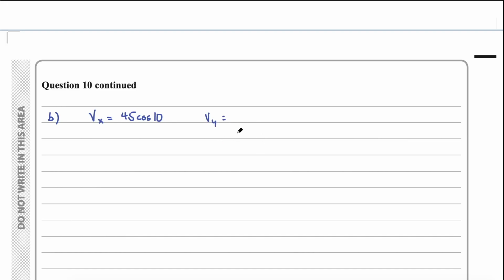And we can use the formula u plus at. So this was the initial vertical velocity plus the acceleration times the time. And that should give us the new vertical velocity at the net. So the initial vertical velocity was 45 sine 10. And then we need to add on the acceleration over time, which is 9.8 times t. All right, so let's work out this one first.